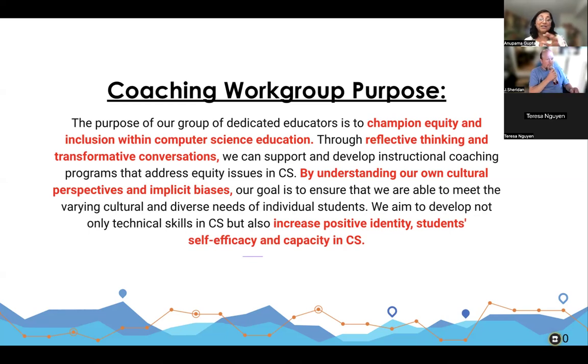I've highlighted reflective thinking and transformative conversations because that's what we will be engaging in a lot, being reflective on our thoughts, our actions and our behaviors, and also having those transformative conversations.